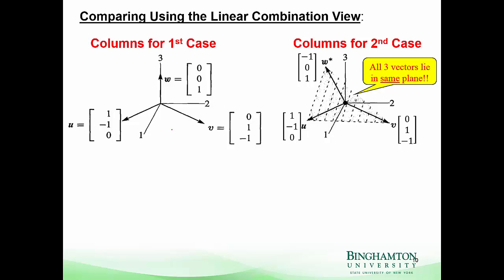So 4 dimensions, 5, 6, 1,000, 1,000,000, it doesn't matter. The ideas hold, but obviously if we want to see those ideas in action, we need to limit ourselves to no more than 3 dimensions. So here they are. Here's our U, here's our V, and here's our W.